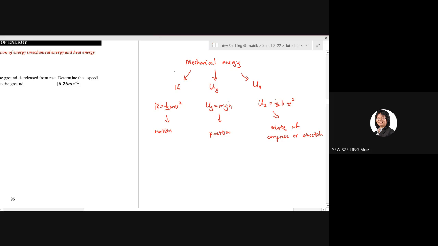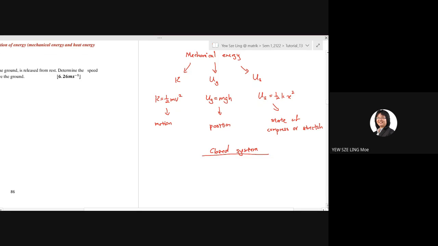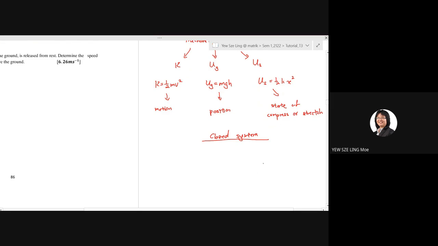Now when it comes to mechanical energy in a closed system, what does it mean by closed system again? Closed system means it's not being affected by any other factor. There's no energy loss, nothing. It's in an ideal situation. Then we say summation E initial, which is the total initial mechanical energy in the system, equals the total final mechanical energy in the system.